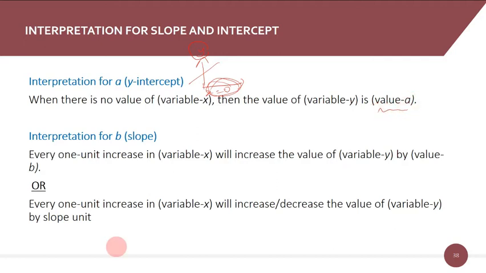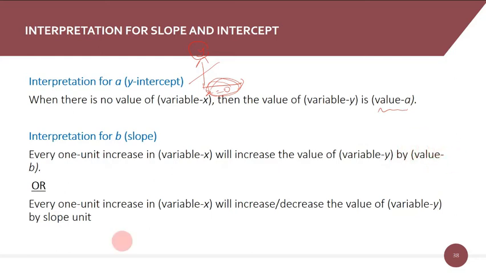Okay, when you want to interpret the slope, we can say that every 1 unit increase in variable x, every 1 unit increase in temperature, for example, will increase the value of your variable y. Just plug in variable y by what is the value of the slope.